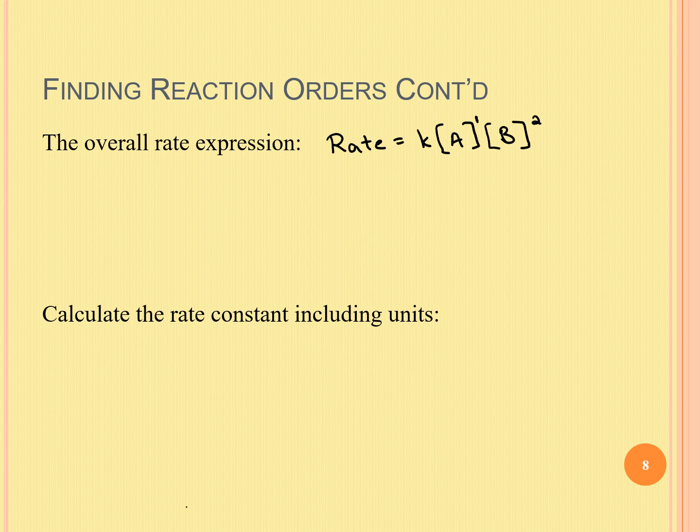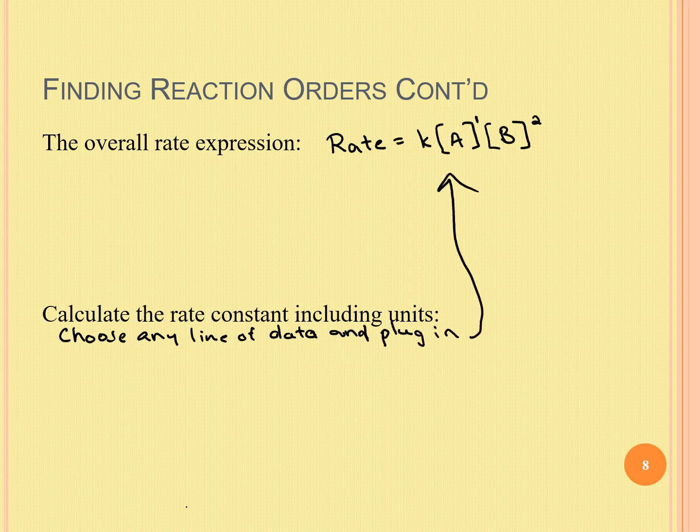If we move down, calculate the rate constant, including units. We can choose any line of data and plug in to what we found to be the overall rate expression.